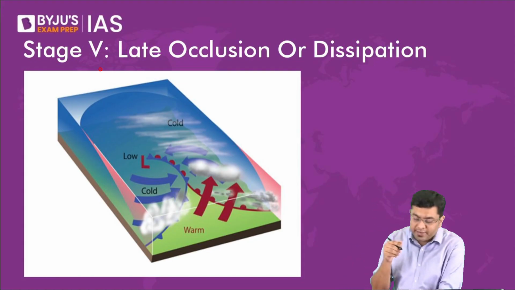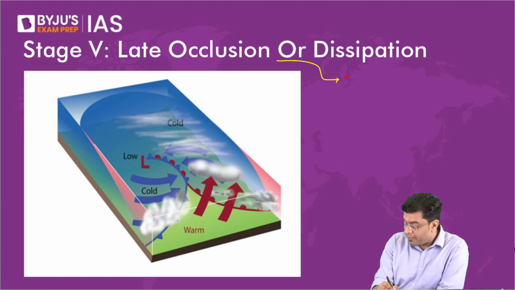So in this, the front closes down. The front completely closes down. How?